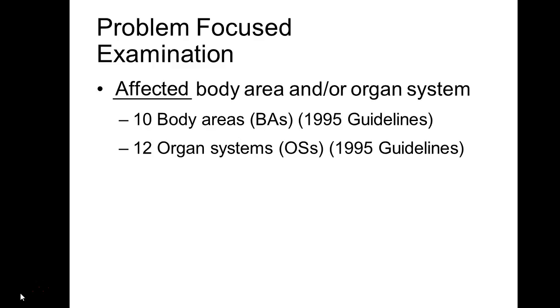First of all, we need to know whether we're using the 95 or 97 guidelines. And then we're only looking at the affected body systems. Problem focus: what is affected? So the lungs and the heart and maybe the upper respiratory, the ear, nose, and throat for a cough.